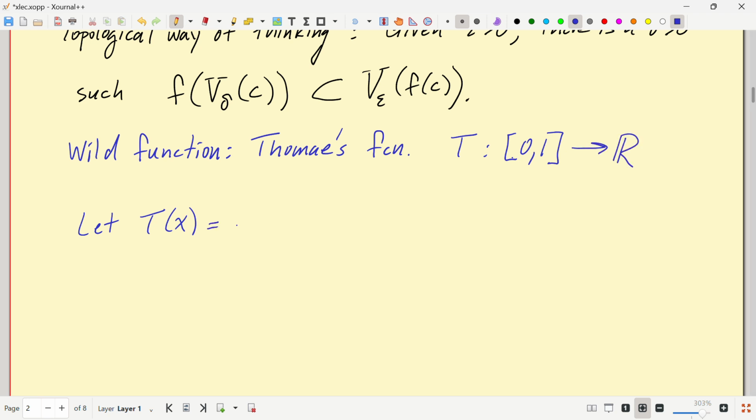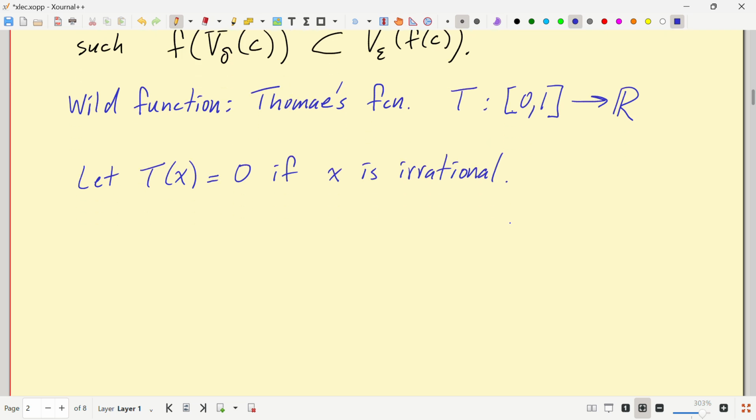Let t of x equal 0 if x is irrational. This is a fun thing. So that's easy. But what if x is rational? If x equals p over q is rational.